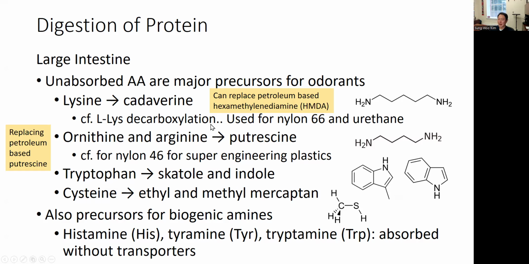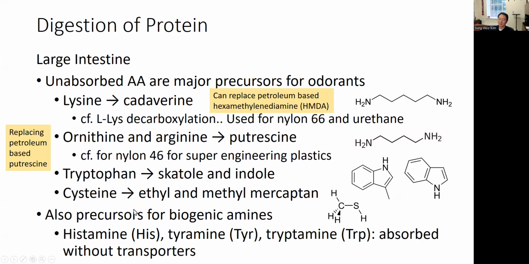So when the undigested matter is fermented in the large intestine, they often have bad odors because of the production of cadaverine, putrescine, skatole, indole, and mercaptans. Right? Mercaptan contains sulfur. Also, some other things happen in the large intestine by bacterial fermentation.